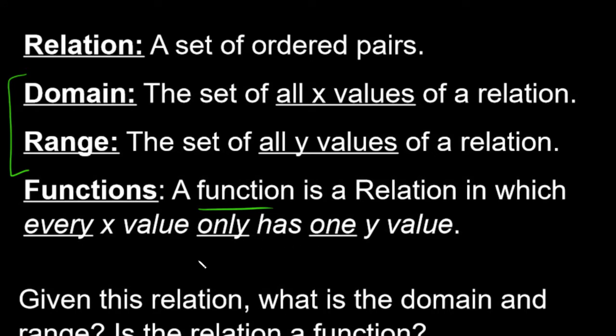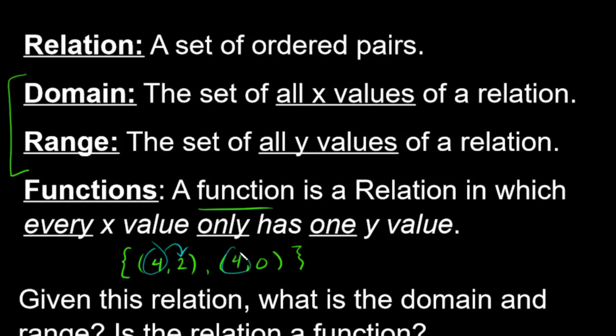That means that if this was your relation and you wanted a second ordered pair like this, it would not be a function, because a function has to be a relation where every x value only has one y value. So here, if you look, your x value of 4 maps to 2. So for 4, it went to 2. Right? That's the one y value for this x value.